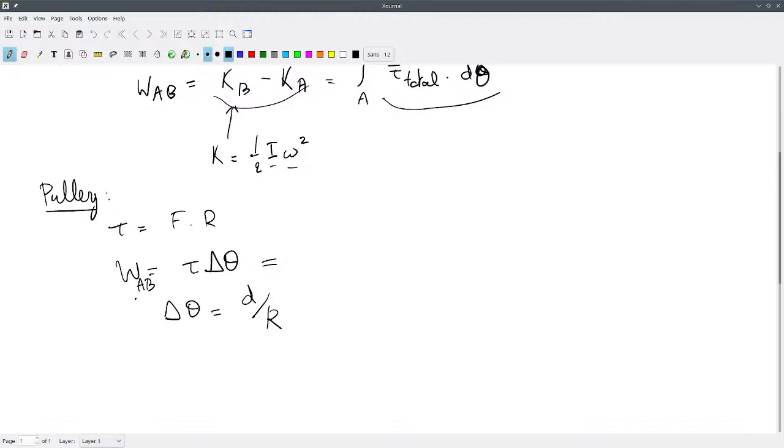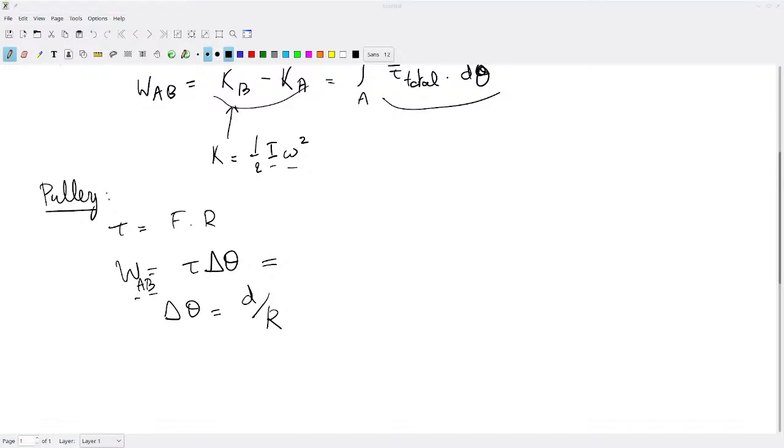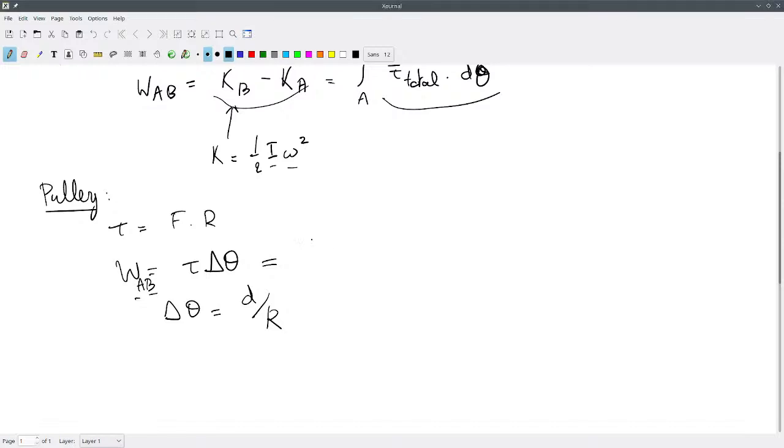So if we put that all together, that means that the work to go from A to B, from rest to motion after having unwound 1 meter of string, will be F times R times d theta. That's d over r, and that's just F times d, right? So that's the work that's done over the course of this problem.